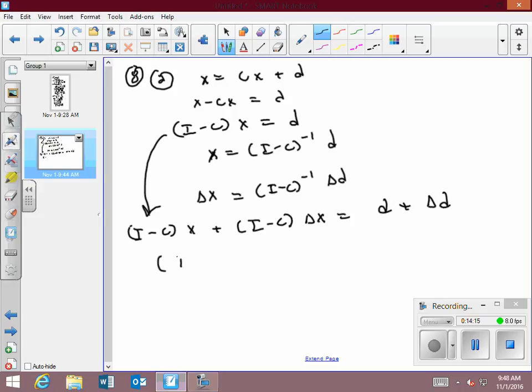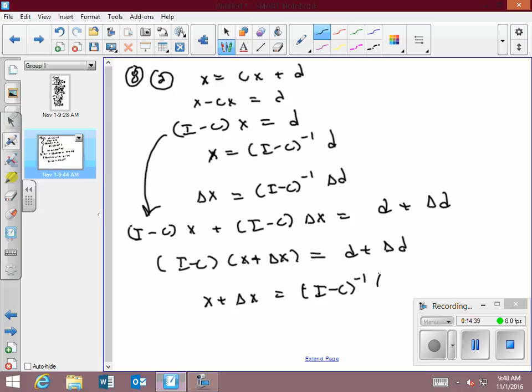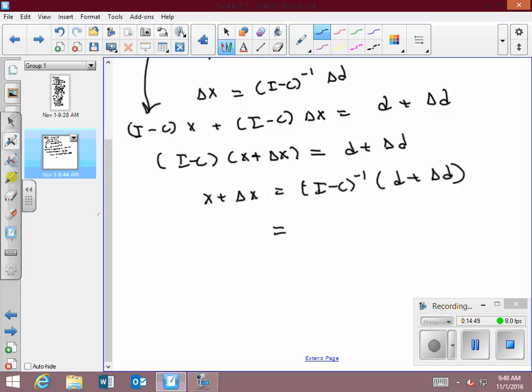Then you have to have I minus C, and X plus delta X has to equal, and you could distribute that across then.